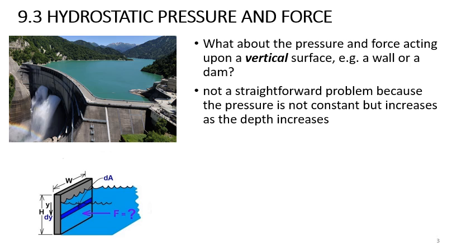But for a vertical surface, the pressure here is not the same as the pressure here. Okay, the force is not the same. So let's find out how to do that. We cannot just simply add them, because the pressure increases as the depth increases. So the force acting on that surface will be different.